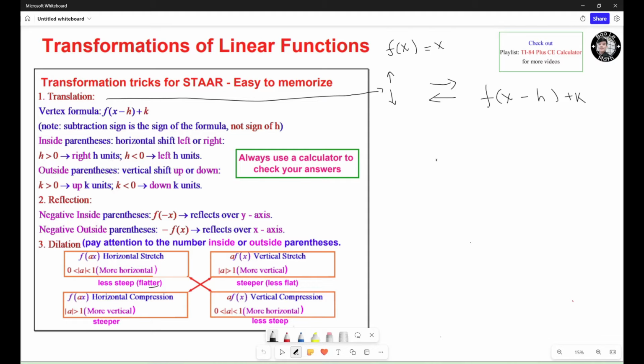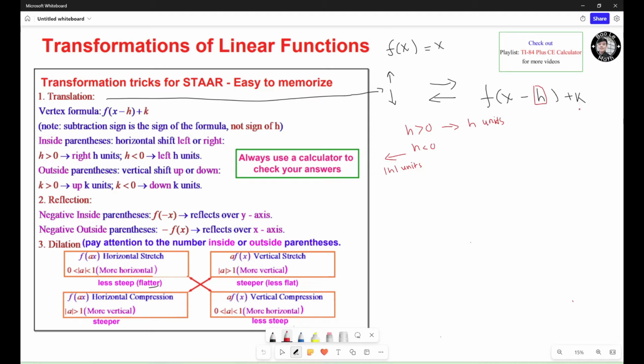Now, if the value of h right here is positive, the graph moves to the right h units. If the value of h is less than 0, the graph moves to the left absolute value of h units.